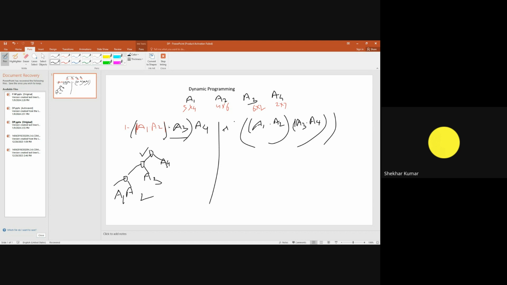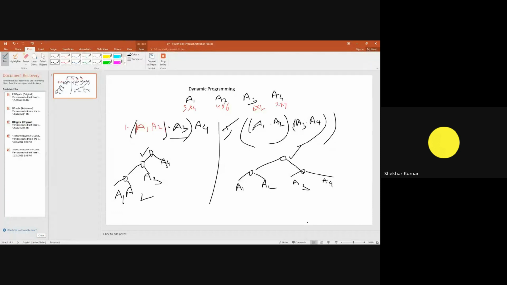For the second approach, I can also draw a tree. At first, I have multiplied A1 with A2, and then I have multiplied A3 with A4, and the resultant of both gives the final solution at this stage.